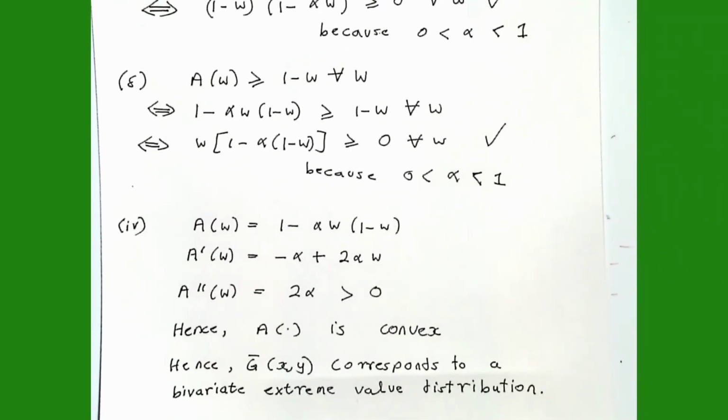Okay. So all right, so we have shown the first part of the question, that is to show that G bar corresponds to the bivariate extreme value distribution.